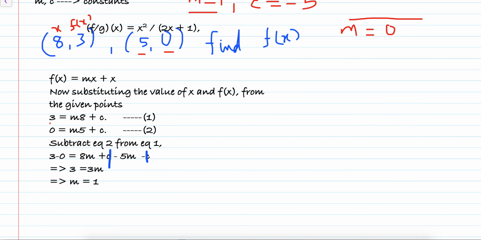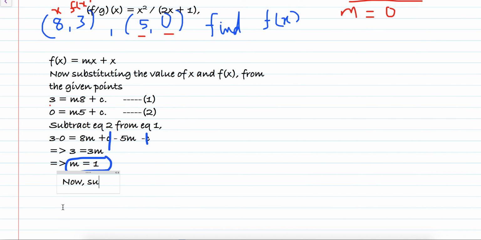So we got the value of m. Now substituting the value of m, we can substitute in any equation 1 or 2.